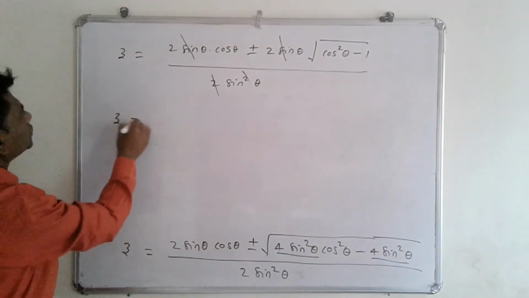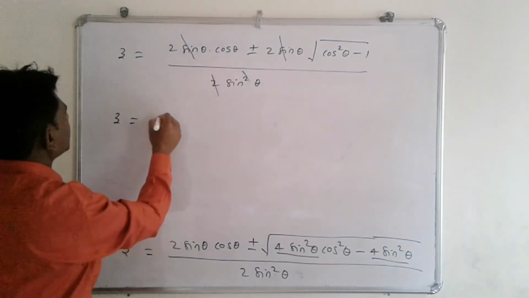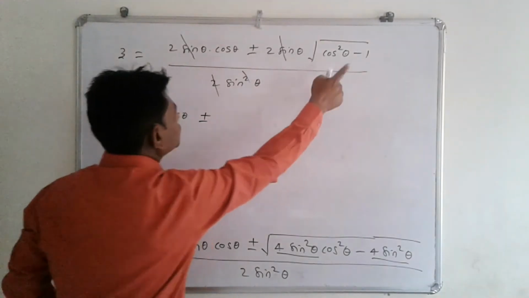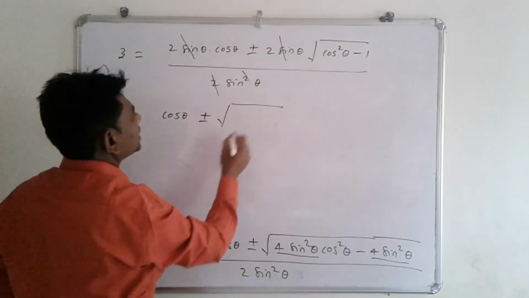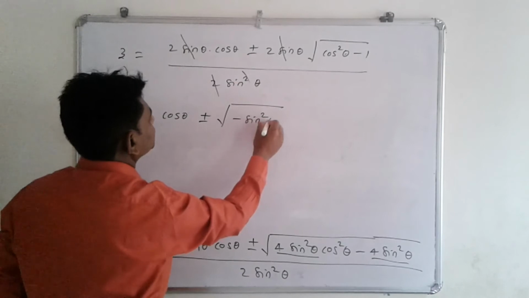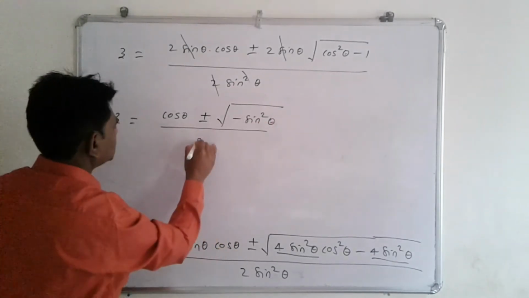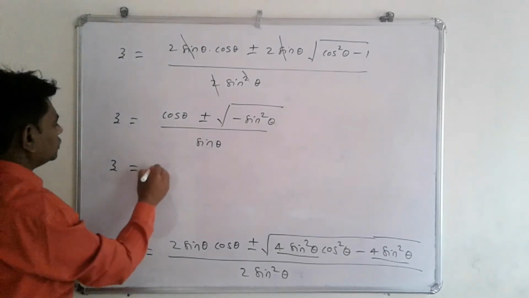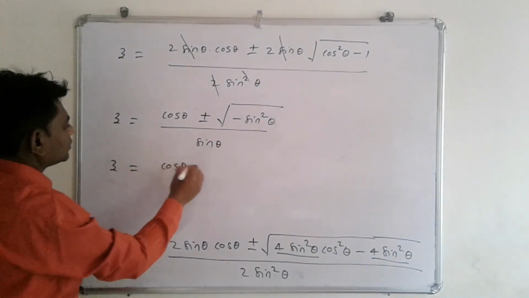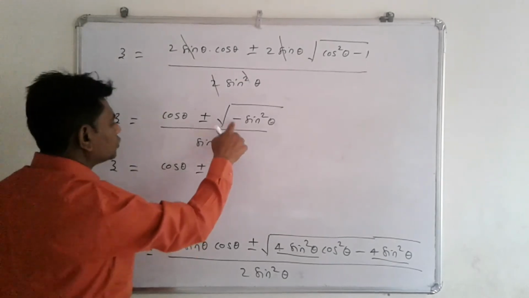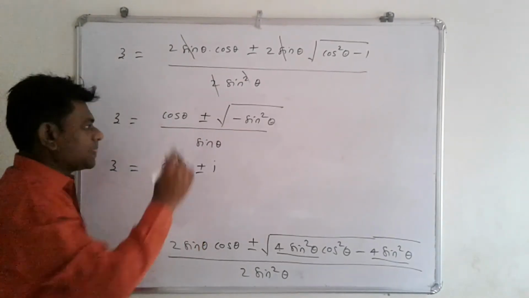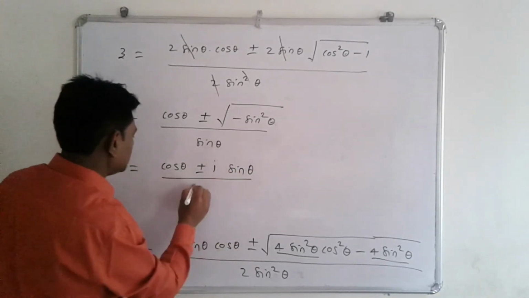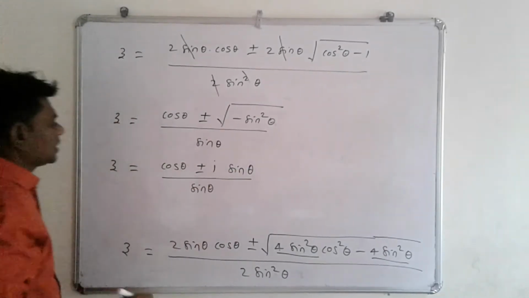So this is equal to cos theta plus minus root cos square theta minus 1, answer is minus sin square theta, upon sin theta, and therefore this z is equal to cos theta plus minus, now root minus 1, answer is i, and root sin square theta, answer is sin theta, upon sin theta.